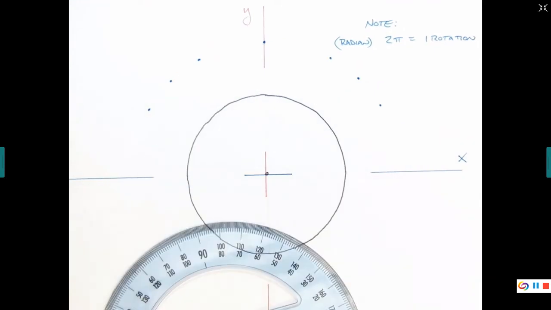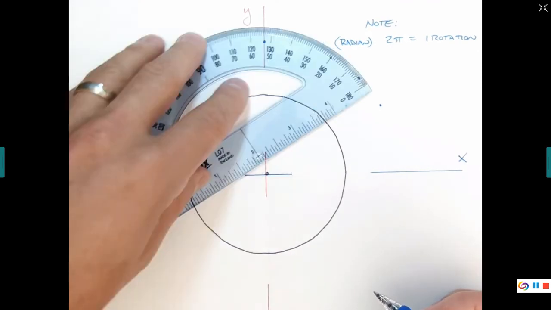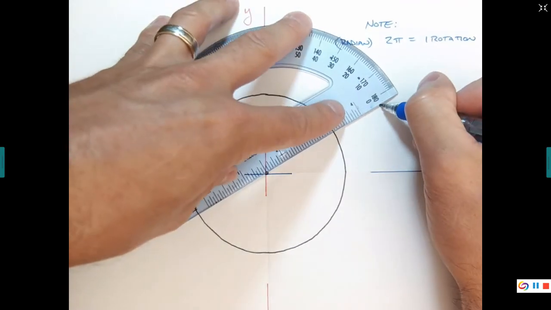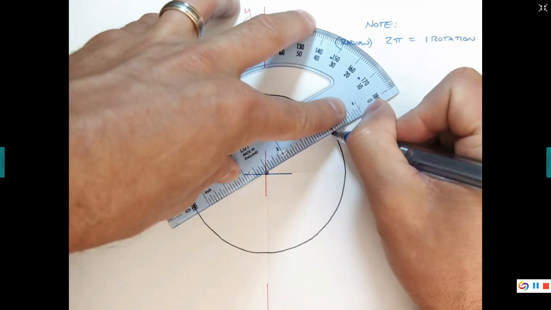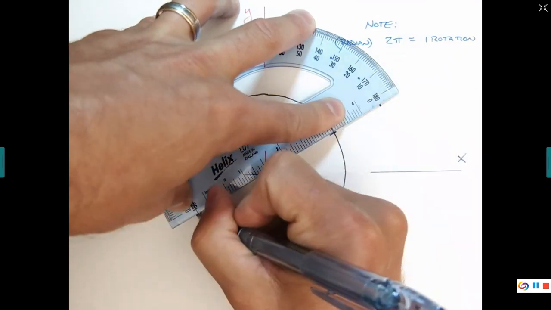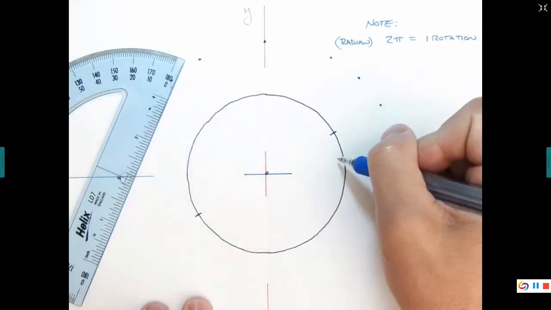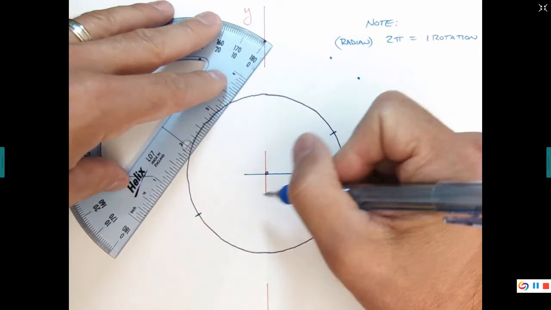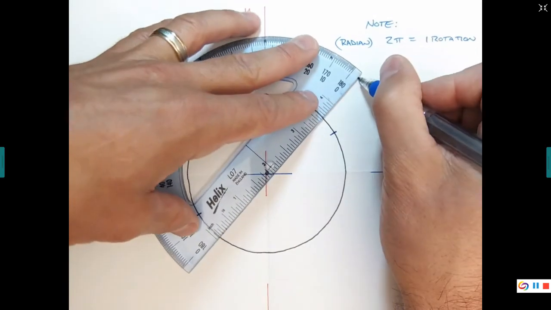I'm going to mark those off. Now I'm going to mark them off here at the same time by just making sure my straight edge will go through this mark that I made just for a reference, and then I can find those values here and here. So I just make a little note. Here's the 30-degree rotation this way, and I've got 30 degrees rotation beyond 180 degrees.